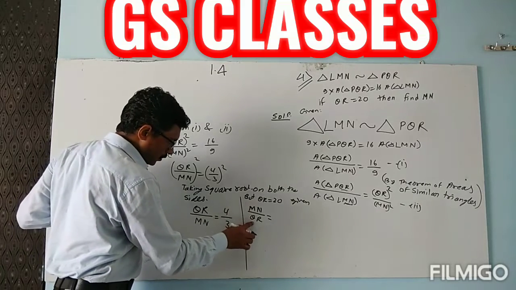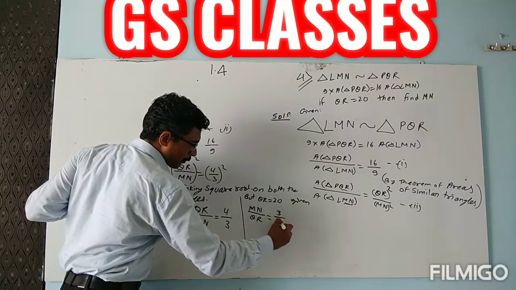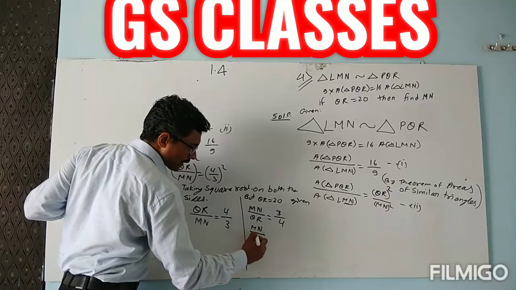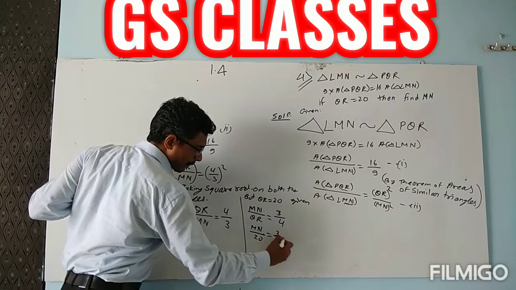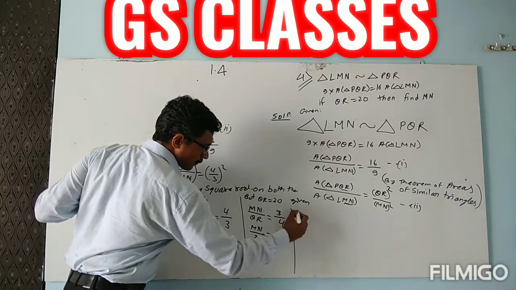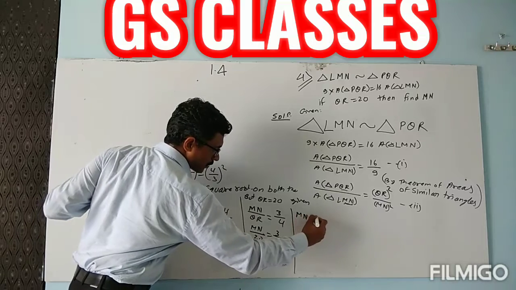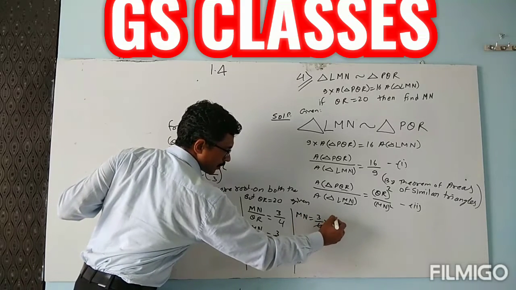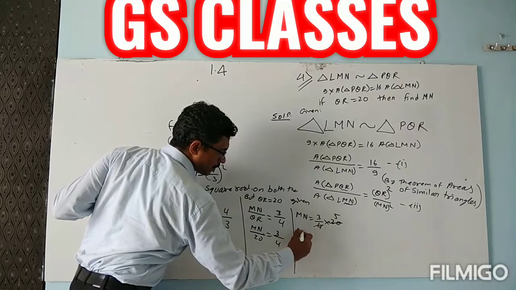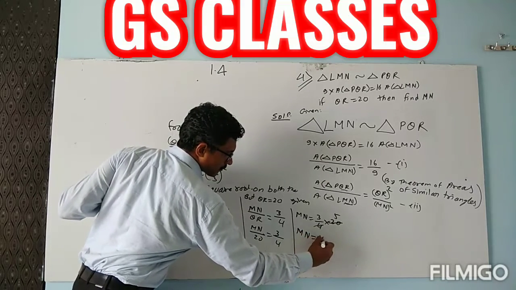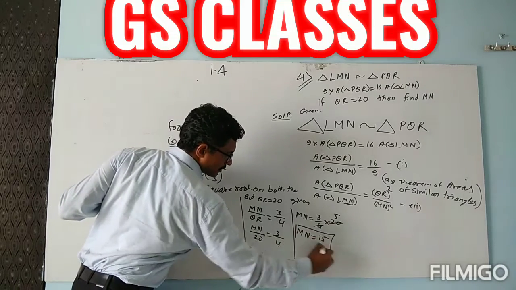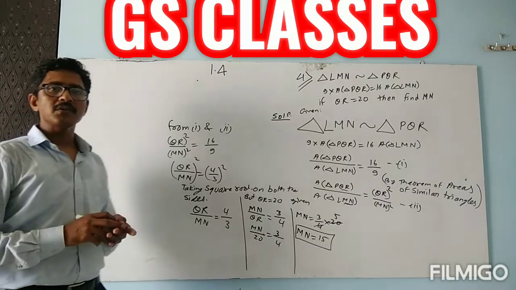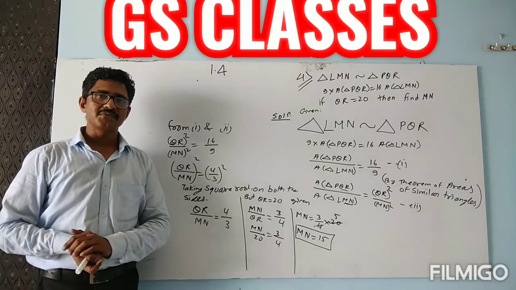So MN upon QR is 3 upon 4. Put the value of QR. That value is what? 20. So MN is going to be 3 by 4 into 20. 4 fives are 20. So MN is what? 15. And dear children, this is your answer for the fourth question. So see you in the fifth one.